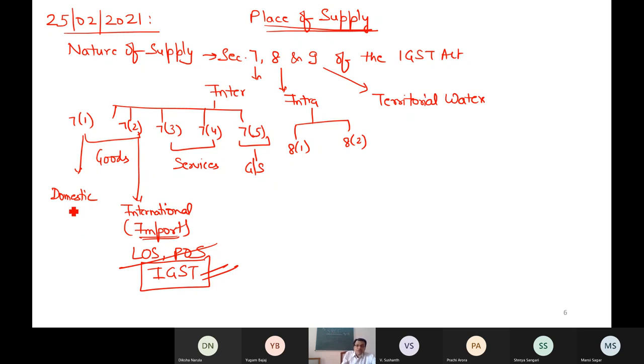But in domestic supply of goods, do you remember the line of 7.1? I don't know whether you remember it or not, but there was a line.